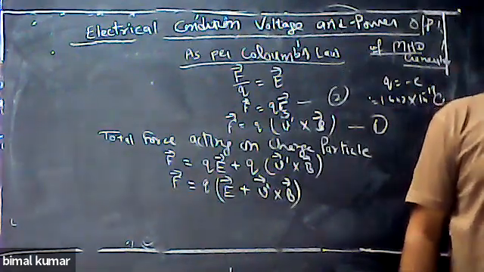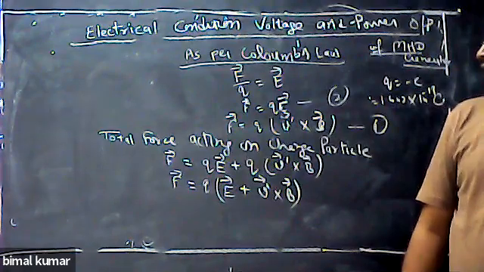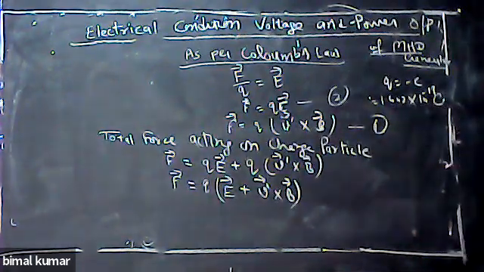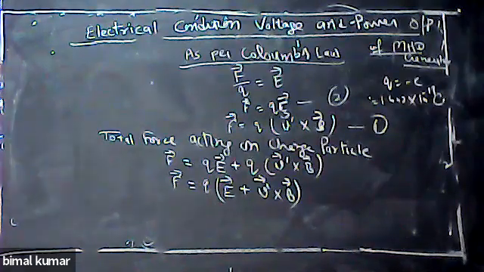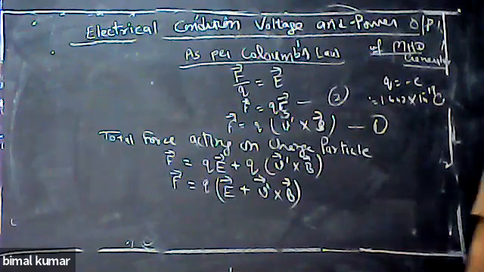So, first of all, if the direction of B dash and B is known to us, we will be able to calculate the direction of the force with the help of the corkscrew rule.